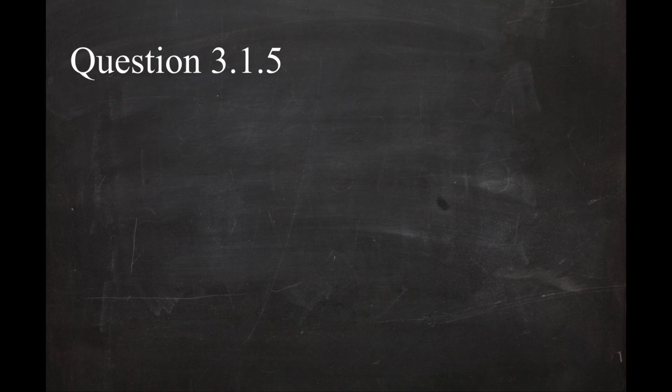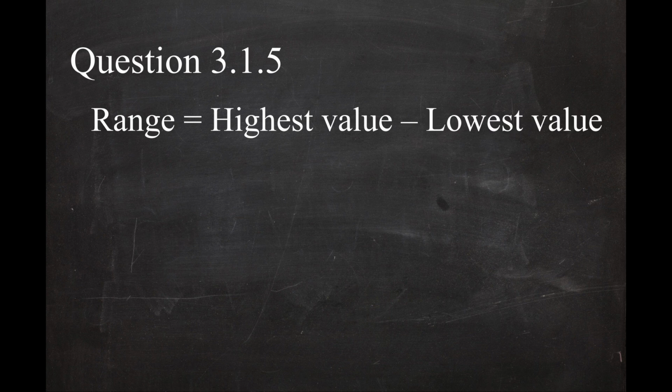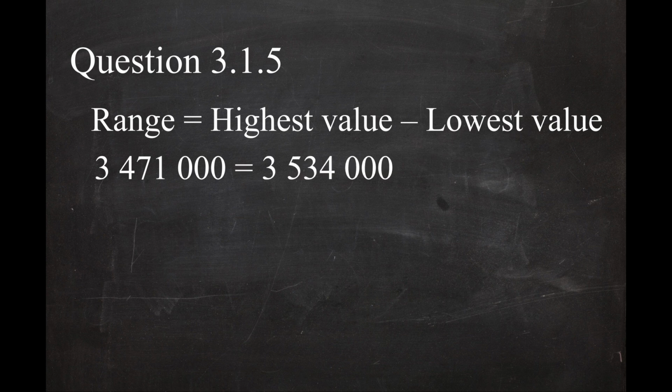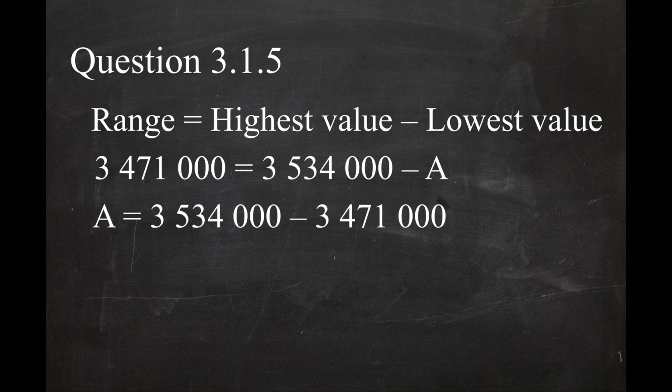So the equation for range is the highest value minus the lowest value. Substituting the range of 3,471,000 and the highest value of 3,534,000 and rearranging the equation so that the lowest value is the subject of the equation, this will give you the lowest value of 63,000.